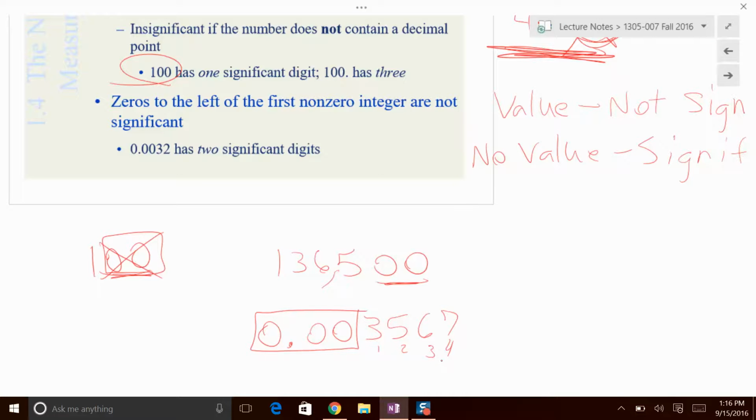They are not significant digits because they have value. The reason I write them is not to show precision of the instrument, is to maintain the value of the number. I have to write them. Okay? If I write a 0 that I don't have to write, that's because it is significant. I have to write these. If I don't write them, then that changes the value. And I can't change the value.